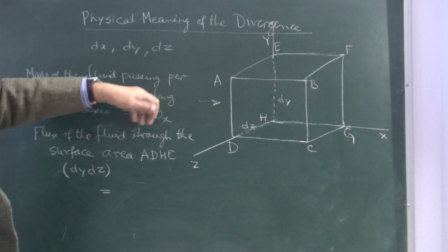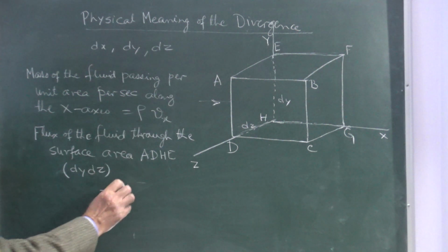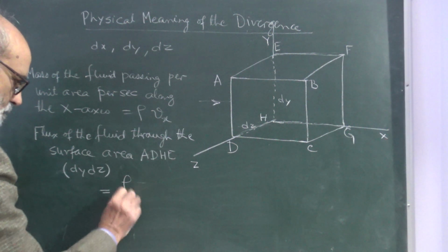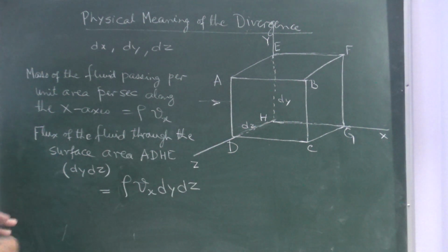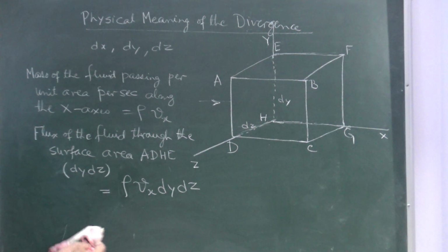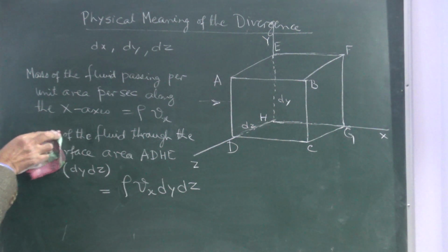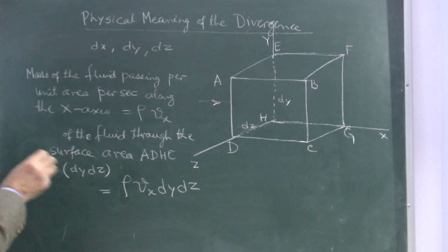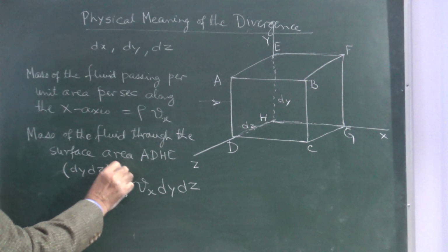This is the mass flowing per second per unit area times the area, the mass of the fluid through the surface area per second.